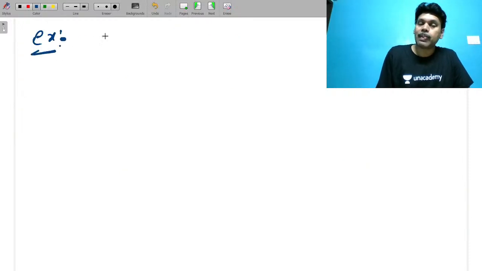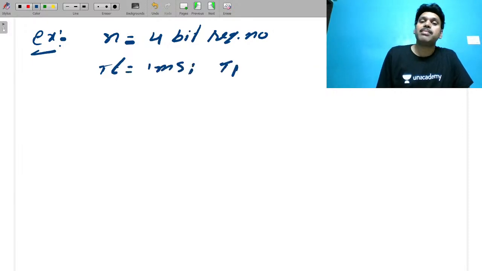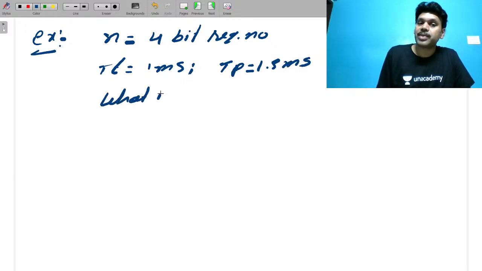For example, n is equal to a 4-bit sequence number, but my TT is equal to 1 ms and my TP is equal to 1.5 ms. So what is the sender window size? Anyhow, the receiver window size is always 1.